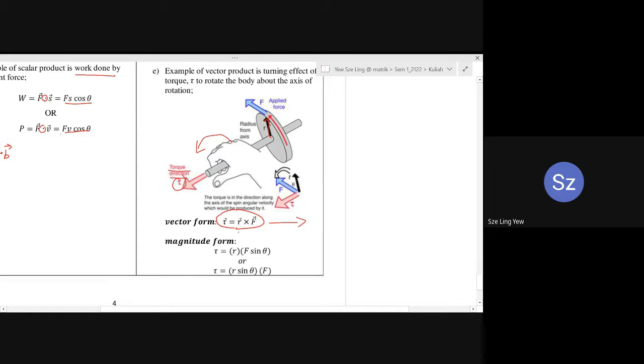The first vector represents the direction of the four fingers. The second vector tells you where to curl your fingers. Then you get the result, which is the thumb. The direction of the thumb represents the direction of the result, the torque.